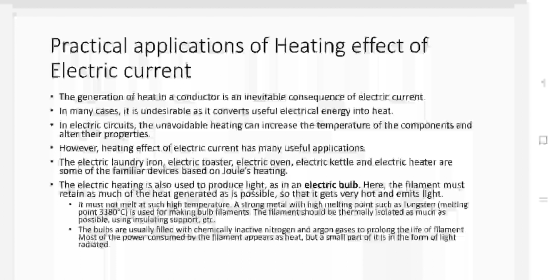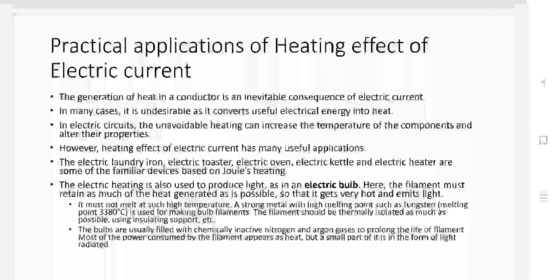One application we are going to discuss here is the electric bulb. Here the filament retains as much of the heat generated as possible, so that it gets very hot and emits light. Right? Electric heating is used to produce light in an electric bulb. In an electric bulb, a filament is available. We give heat to this filament, which generates heat and emits light.